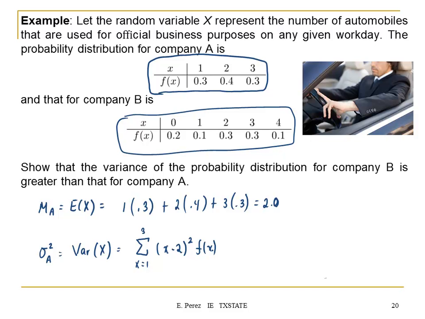Using this expression, we can find the variance. So this is equal to 1 minus 2 squared, the probability of 1 is 0.3, plus 2 minus 2 squared times 0.4, plus 3 minus 2 squared times 0.3. So the variance equals 0.6.